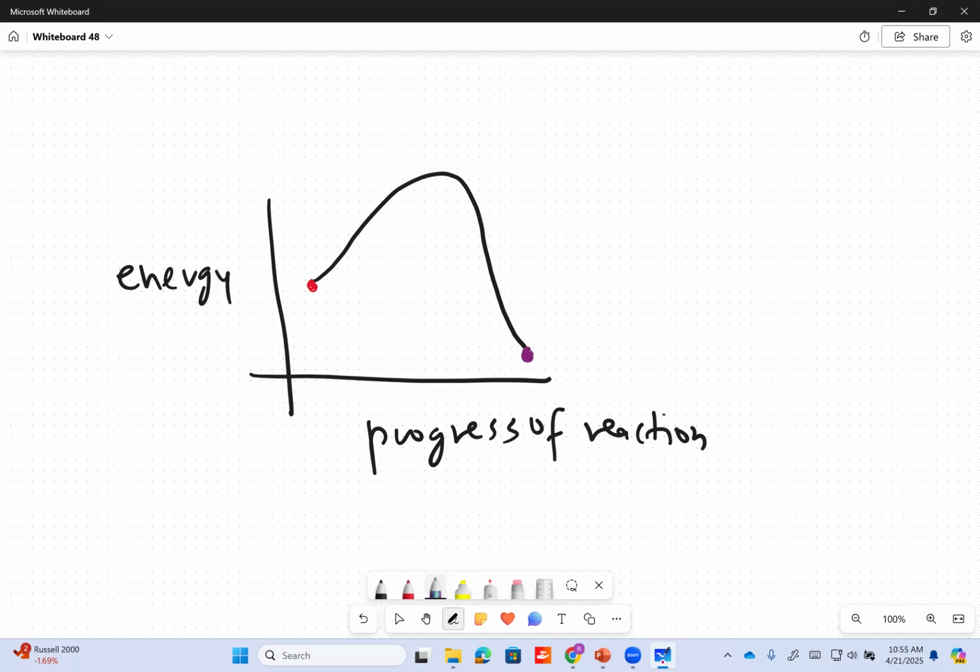What we said was the distance from the highest point of this graph to the energy of the reactant is my activation energy. If you add a catalyst, all that happens is the activation energy value gets lowered. Right here is the new activation energy. And that's what makes this reaction go faster, or the reaction rate increases.